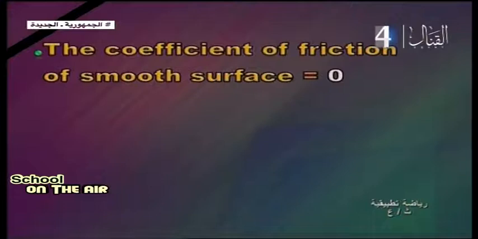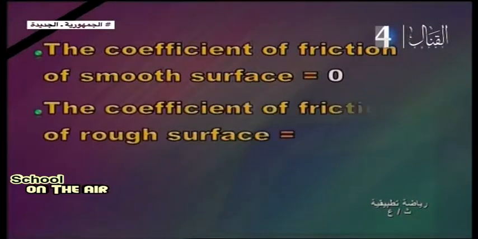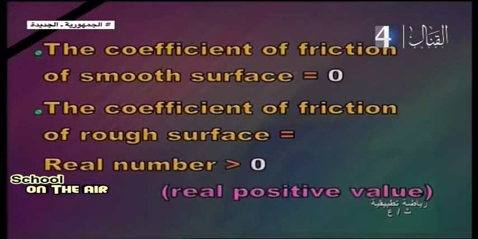Remarks, my dear student: the coefficient of friction of a smooth surface equals what? 0. Why? Because it has no friction force. But the coefficient of friction of a rough surface is a real number, must be more than 0, a real positive value. Its symbol is mu.